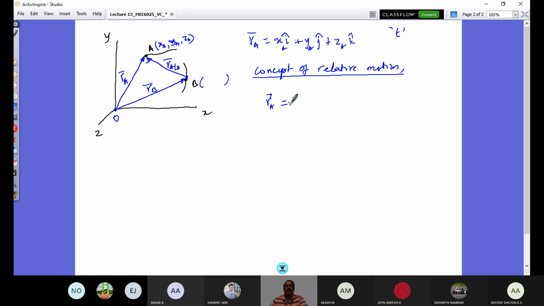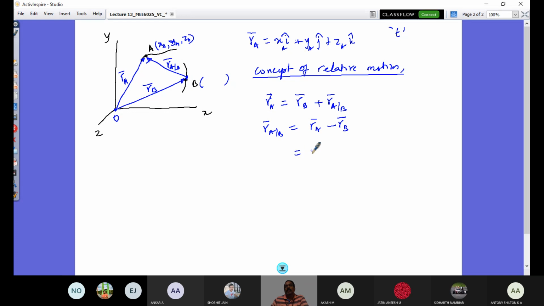So that is what is the concept of relative motion. So how do you get that? It's simple vector addition. So RA vector would be RB vector plus this. So it is going to be RB vector plus RA with respect to B vector. Or if you want to write the relative velocity or relative position RA with respect to B, then it is going to be RA minus RB vector.